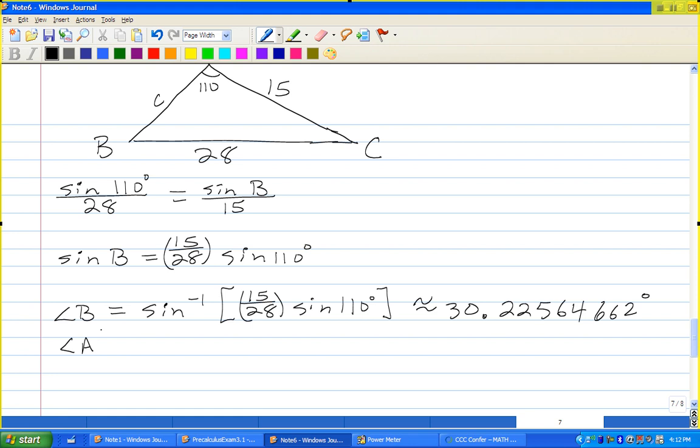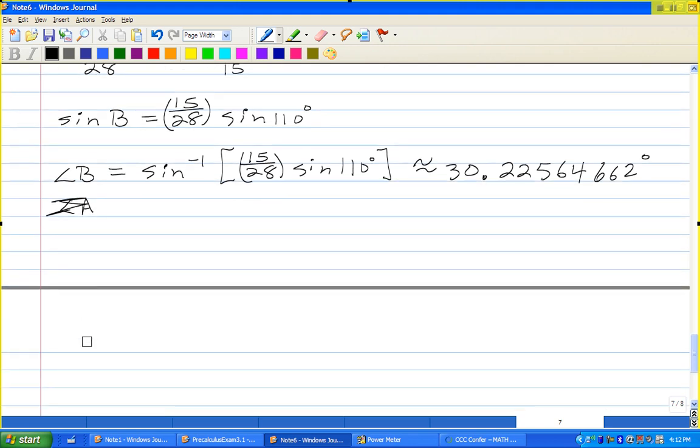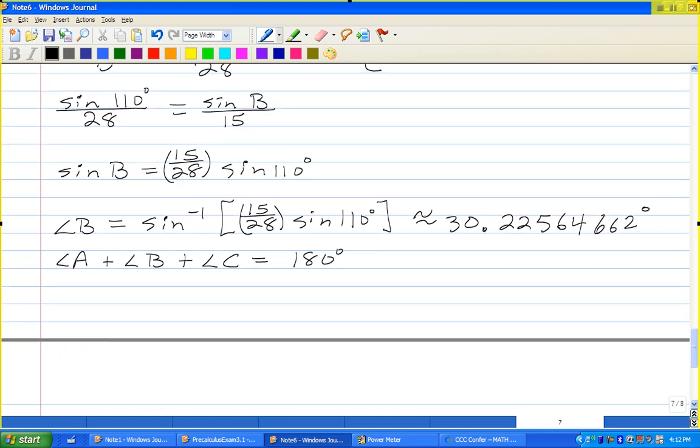So the measure of angle A plus B plus C is equal to 180 degrees. And so 110 plus B plus C is 180.